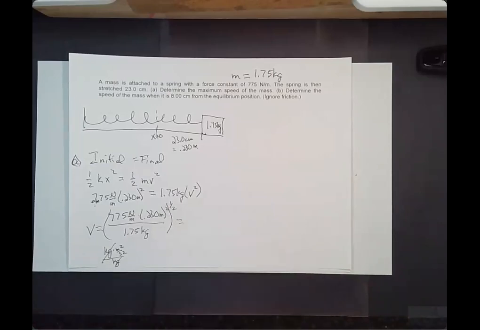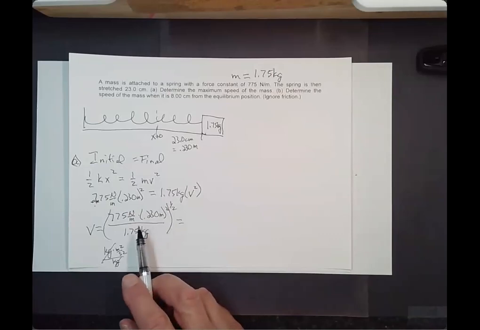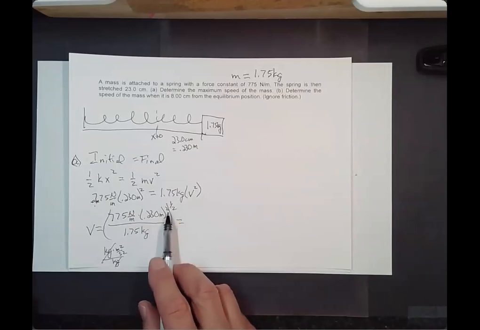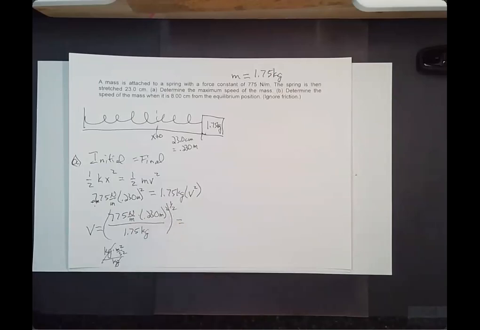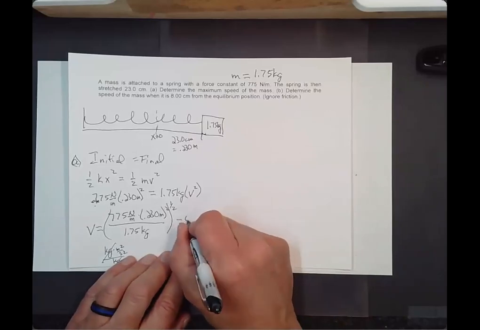So unit-wise, everything works. So okay, I get 23.43 before I take the square root, and then the square root of that is 4.84 meters per second.